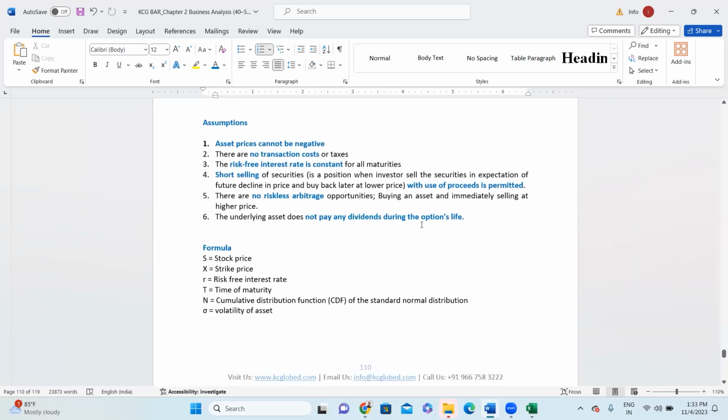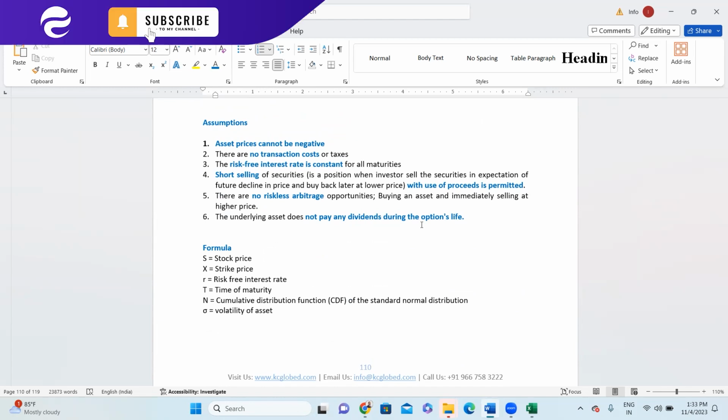First is asset price cannot be negative. That means call option or put option value cannot go negative. It can go to zero, which means there would be no benefit of availing either the call option or put option, but it cannot go negative, right? Second is there are no transaction costs. That means there are no taxes, no commission, no legal fees involved in the call option or put option.